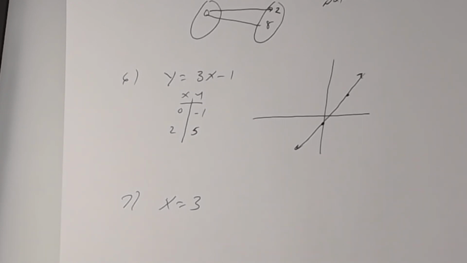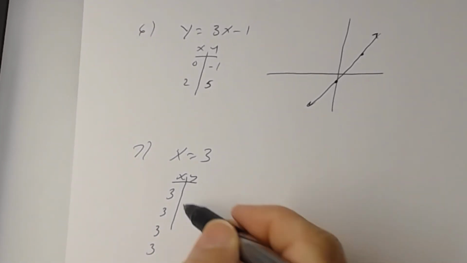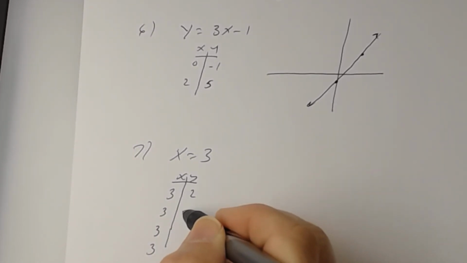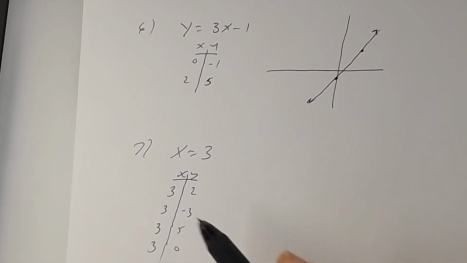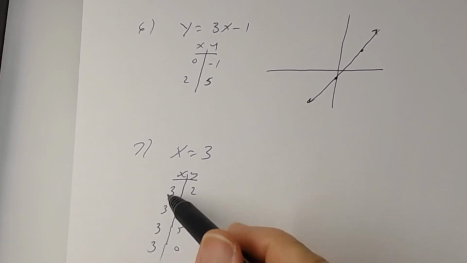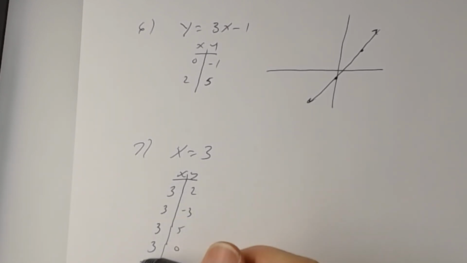x equals 3. Remember, even if you look at this in terms of a t-table, this means that x always equals what? 3. No matter what y is, I'm making some values up for y. But notice, you see right away it fails the definition of a function.